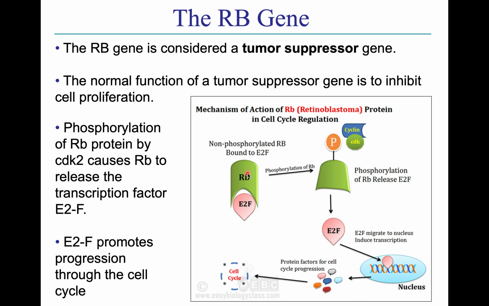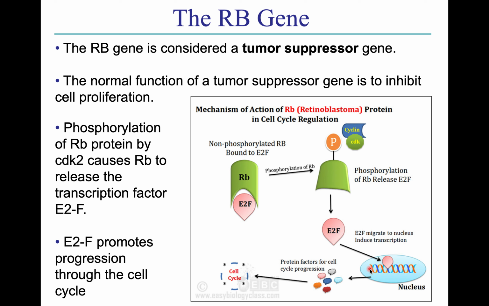And the retinoblastoma protein does that by binding to this transcription factor called E2F and preventing that transcription factor from entering the nucleus and activating transcription and hence translation of the genes and proteins needed for DNA replication.